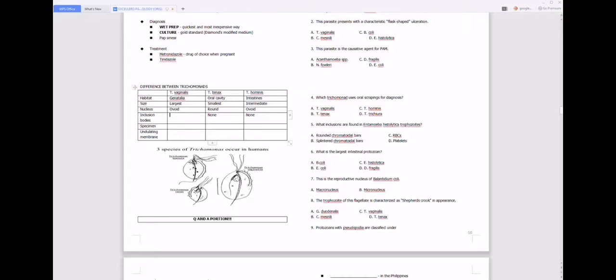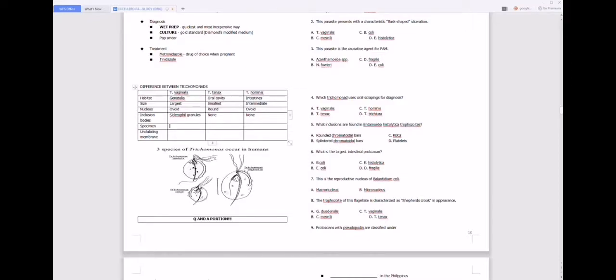On the other hand, Trichomonas vaginalis has siderophil granules. Only Trichomonas vaginalis has inclusion bodies, which are called siderophil granules.